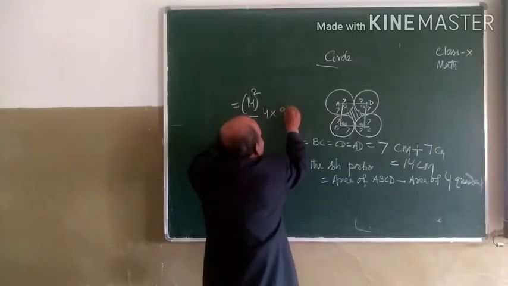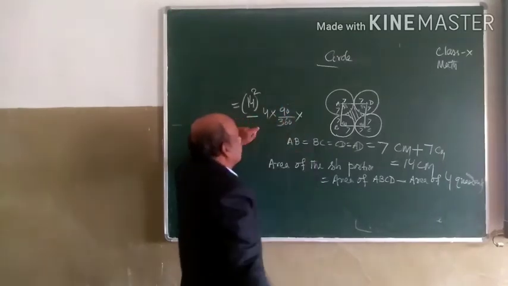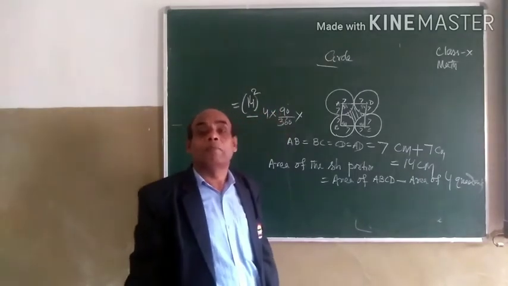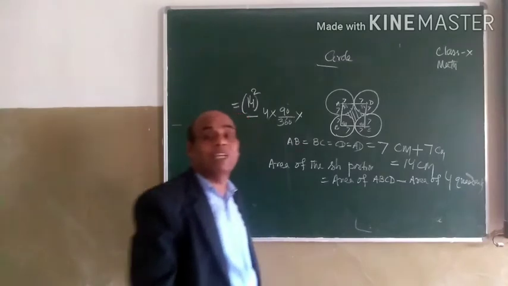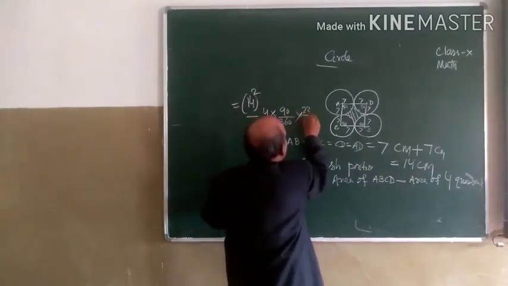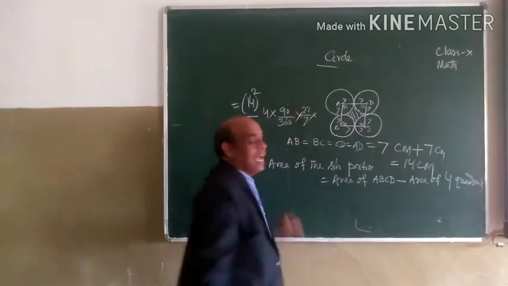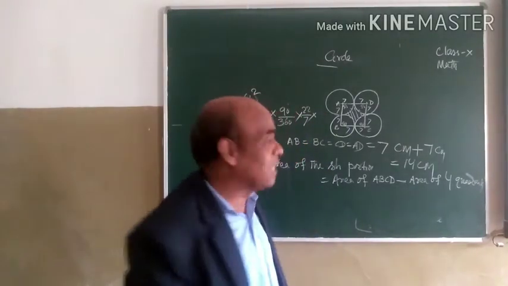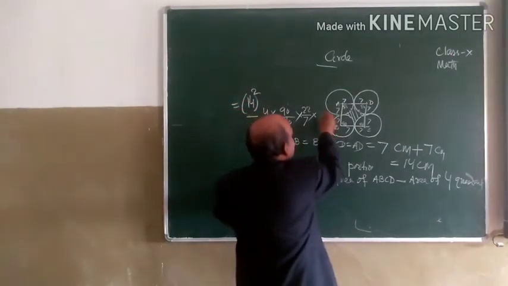So 4 into 90 degree by 360 into pi r square. Suppose the pi value given to you is 22 by 7. So 22 by 7 into r square. R square means the radius of the quadrant, that is 7 into 7.